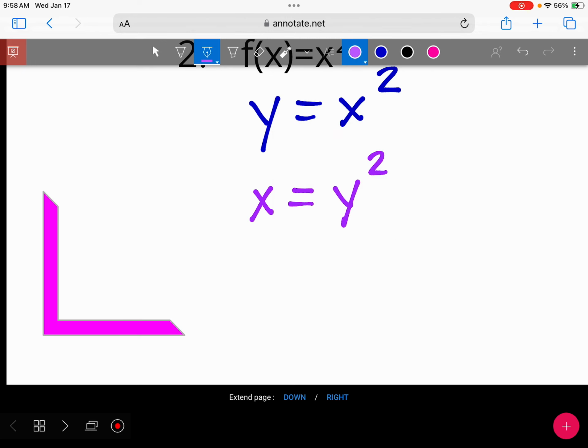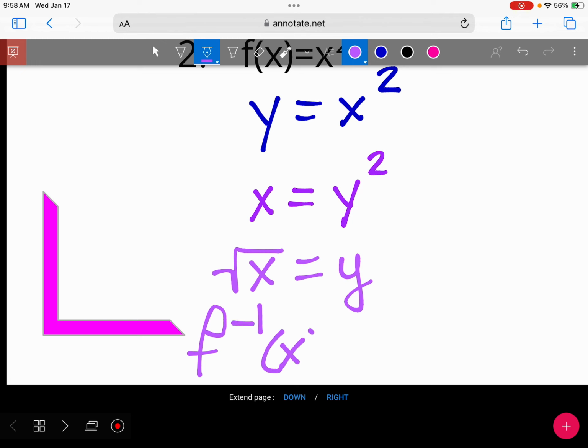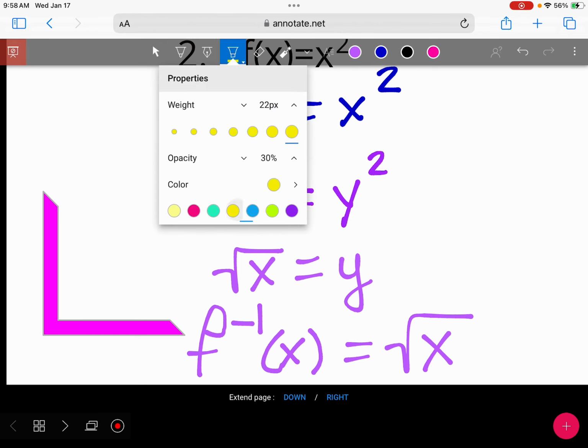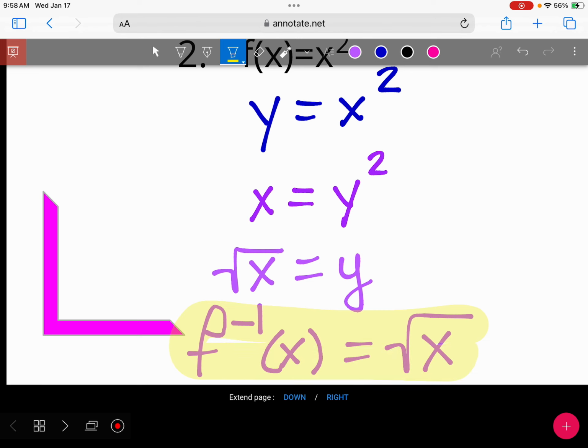Square root both sides. So square root of x equals y is our inverse function. So f inverse of x is the square root of x. And this is our inverse on this one.